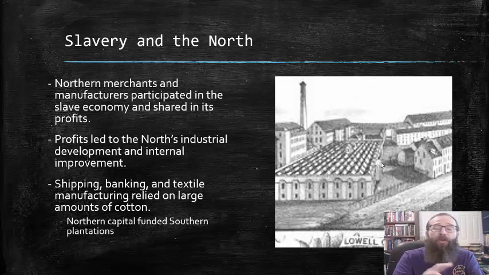Railroads, canals, roads proliferated in the North and further integrated the northern economies as well. Northern shipping, northern banking, and of course textile manufacturing relied on large amounts of southern cotton, and northern capital funded the southern plantations that provided that cotton to those industries in the North.